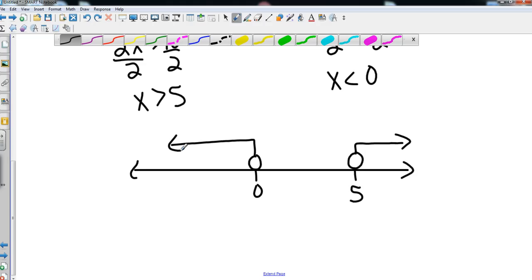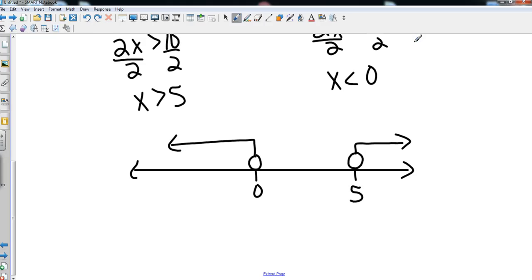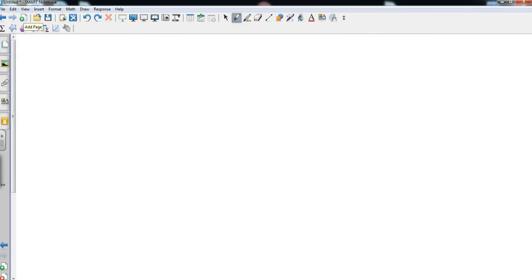Now, let's look at some special instances. If I put this out in front of you, let's see. If I wanted to go, not sure which one I want to do first.